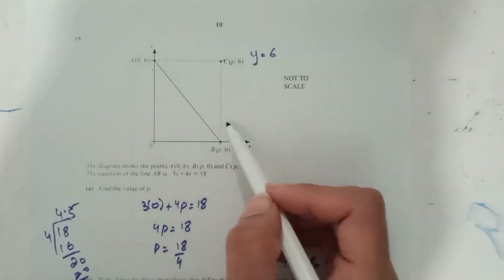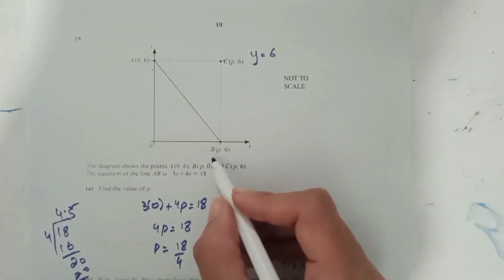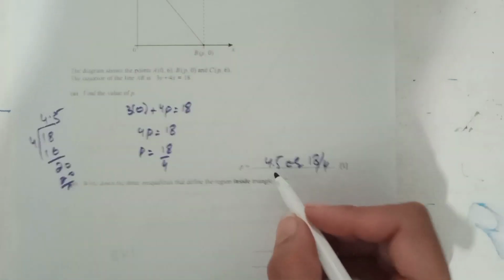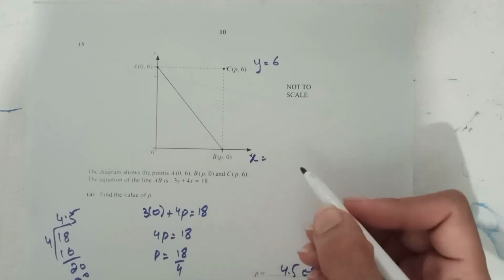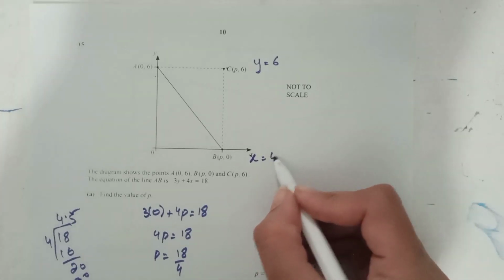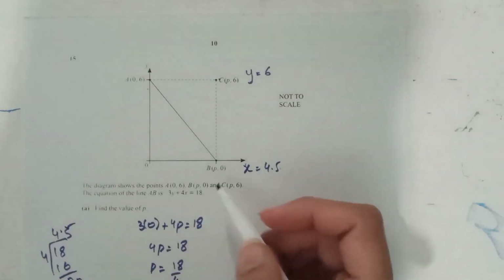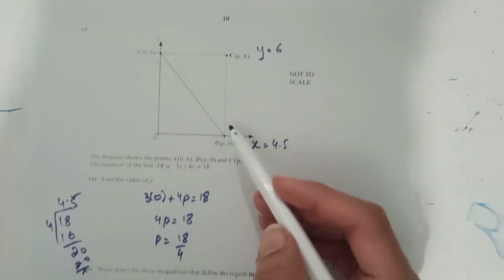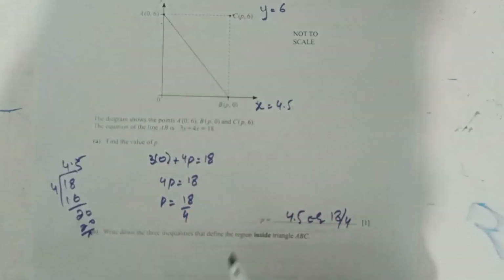Another line is parallel to the y-axis, and we already found the point P, which is 4.5, so x is equal to 4.5. Now students, this line is also provided to us, and this is 3x plus 4y is equal to 18. We have to write it in inequalities.